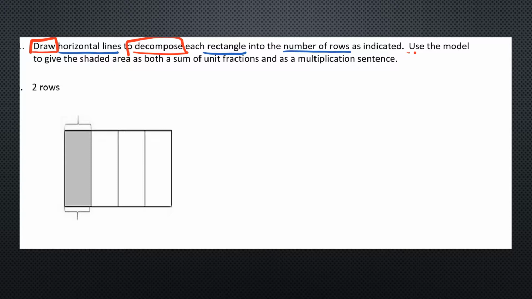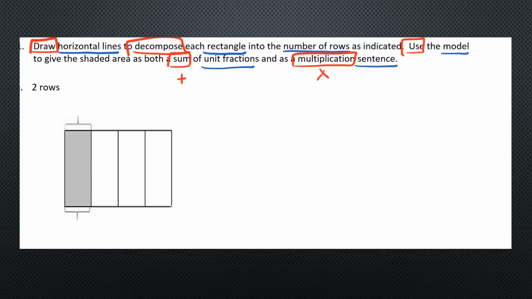We're going to need to use the model to give the shaded area as both a sum, which is adding of those unit fractions, just like we talked about, and as a multiplication sentence. I've put my symbols for adding and multiplying there so I don't forget. I need to have both of those.